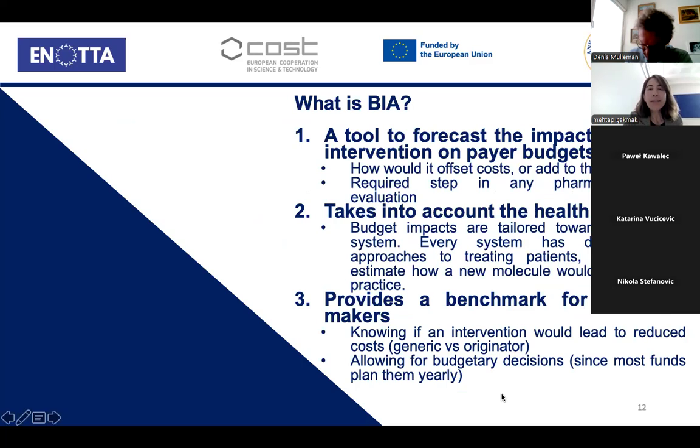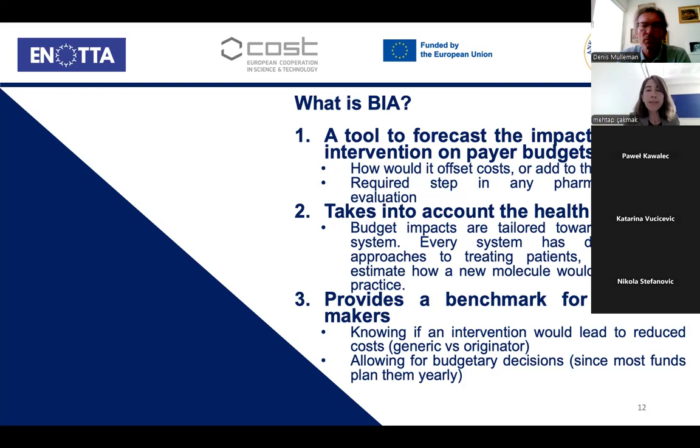Budget impact analysis is a tool to forecast the impact of a new intervention on payer budgets, and it has many approaches and forecasting methods. It takes into account the whole healthcare system from a national perspective or a regional perspective according to your setting.